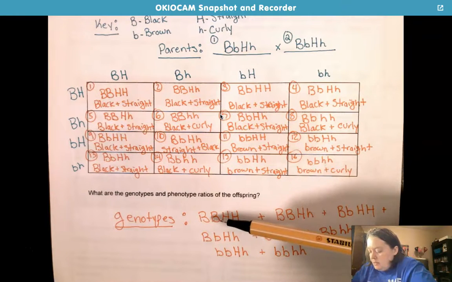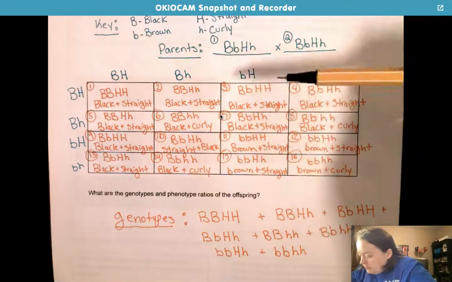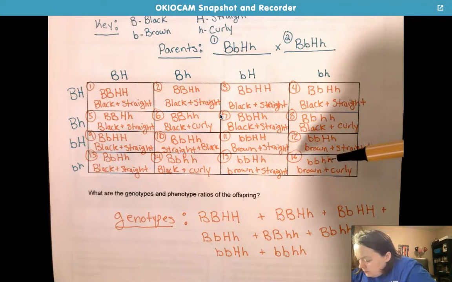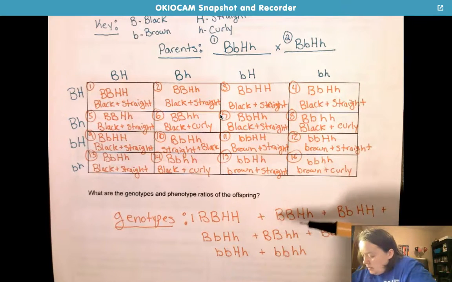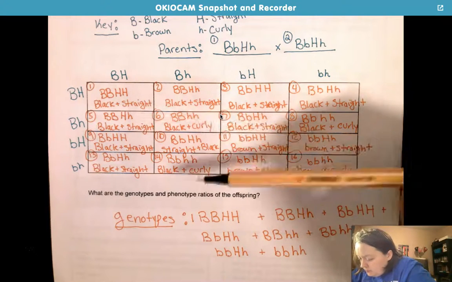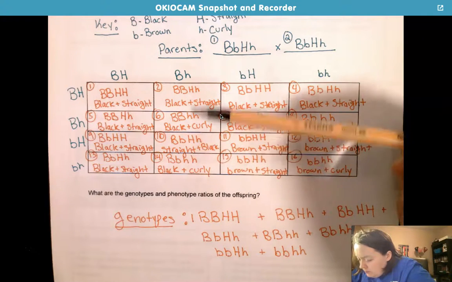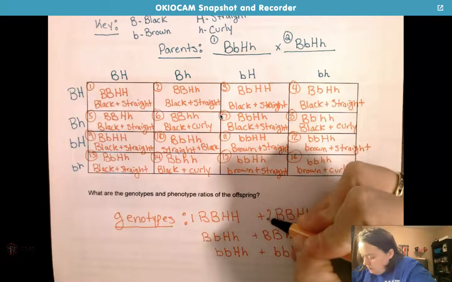Let's count them up. How many big B, big B, big H, big H do we have? 1. Just 1. So there's 1 of those. How many big B, big B, big H, small h do we have? 1, 2. 2 of those.